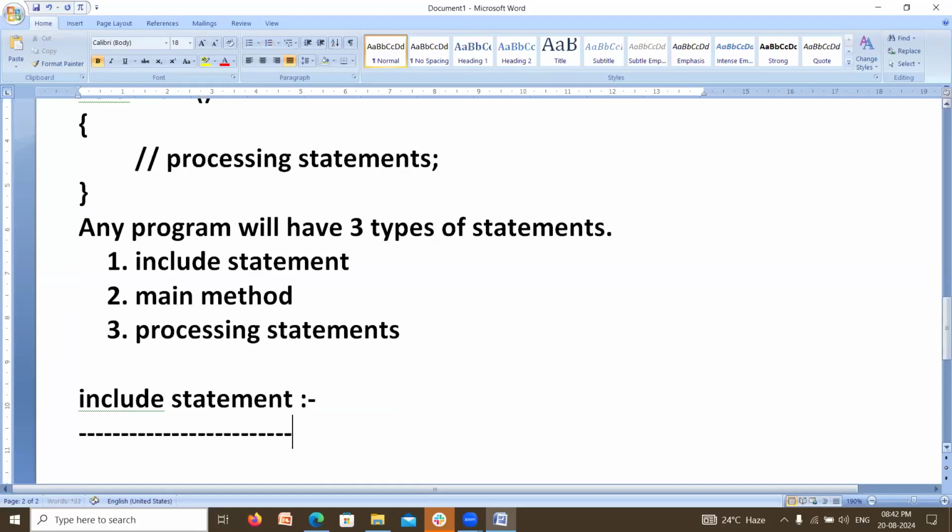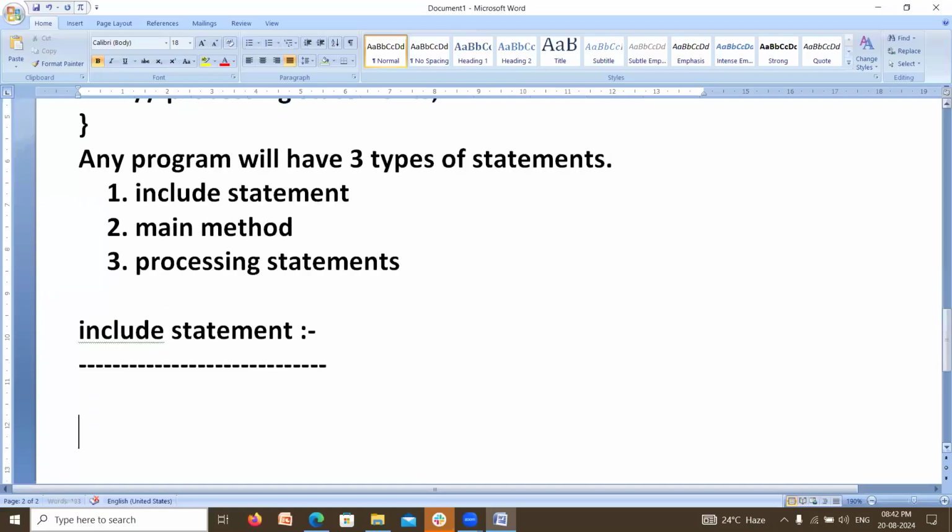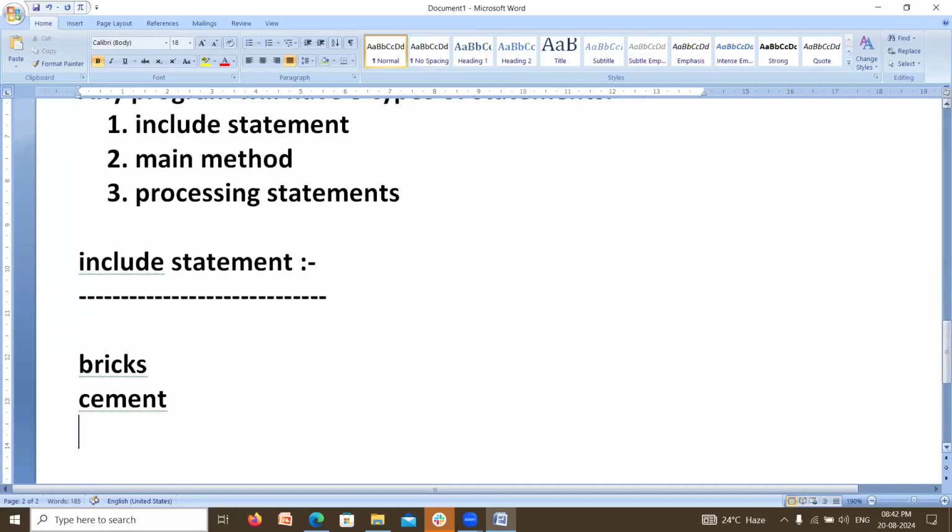Friends, my dear friends, I want to construct a house. I want to build a house. What are the things I require? I require bricks, cement, iron, electrical items.